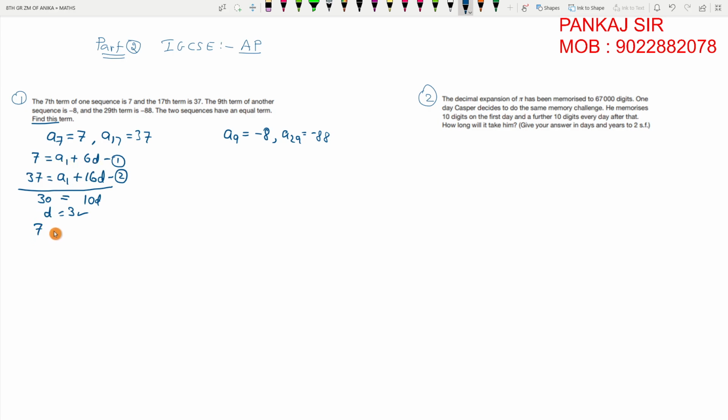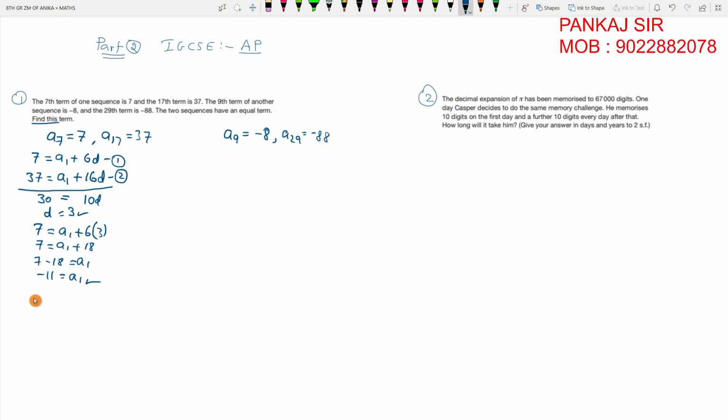So 7 will be equal to A1 plus 6. Now since we know D is 3, that will be 6 times 3. 7 is equal to A1 plus 18. So 7 minus 18 will be equal to A1. 7 minus 18 is minus 11. So my A1 is minus 11. So I get D is equal to 3. I get A1 is equal to minus 11.